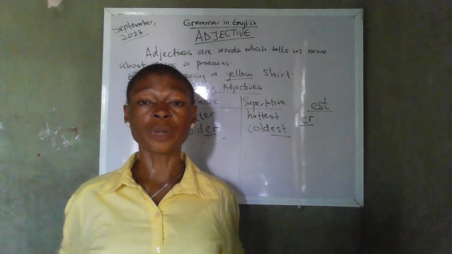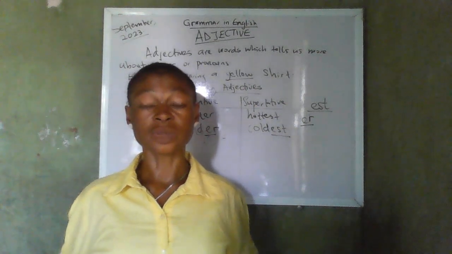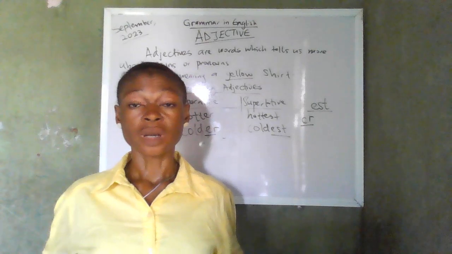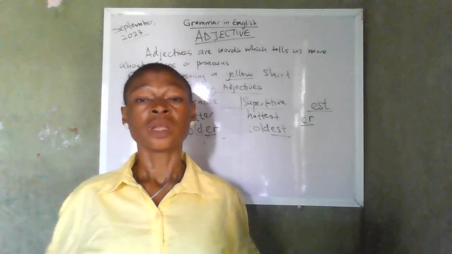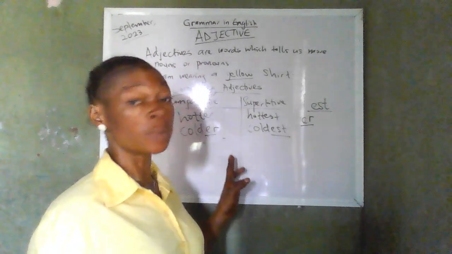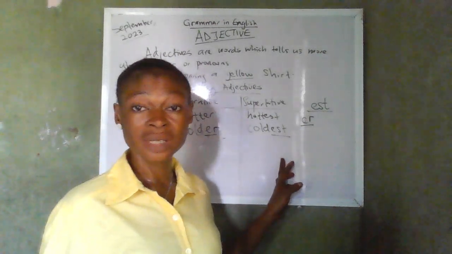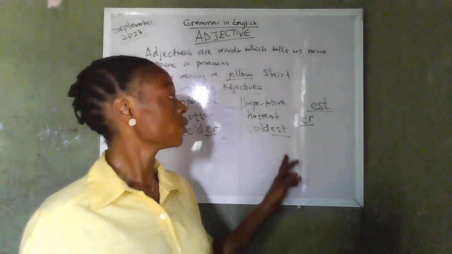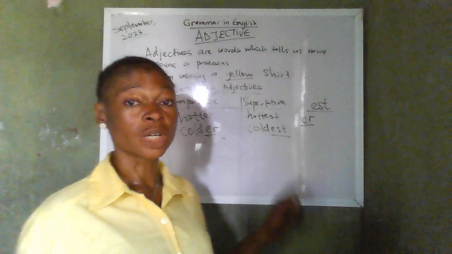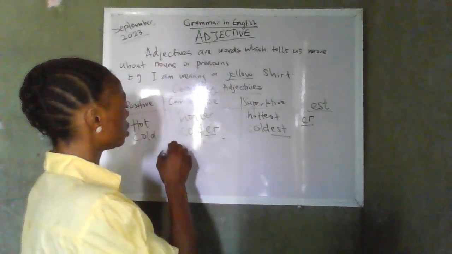However, three-syllable adjectives, for example, beautiful, expensive, do not take er in their comparative form, neither do they take est in their superlative form. In their comparative form, they take the word more.